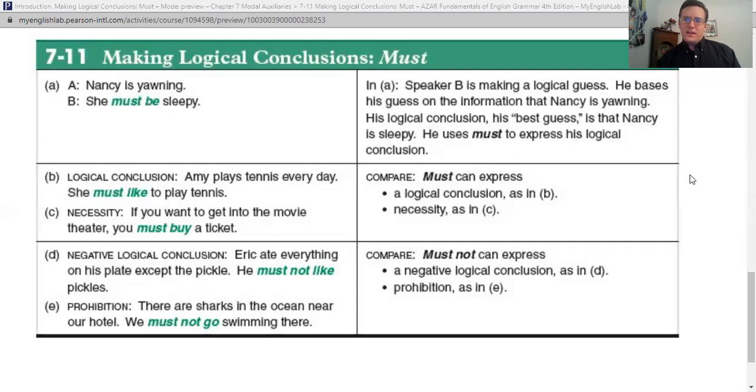So let's look at example A. We see that Nancy is yawning. So why is she yawning? Well, she must be sleepy. I don't know 100% if she's sleepy. I did not ask her. Maybe she's bored, right?